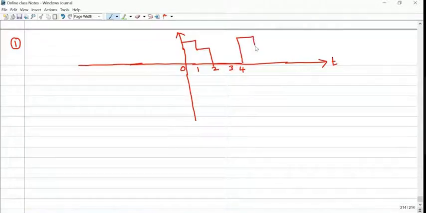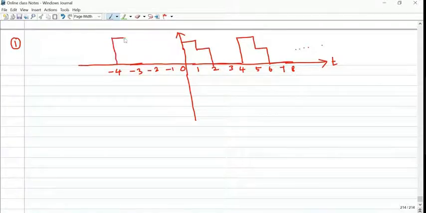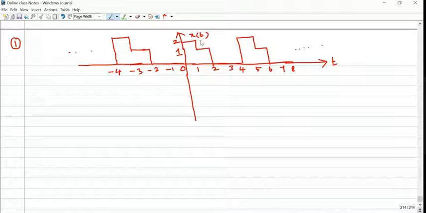Again 4, 5, 6, 7, 8, 0, and then this repeats. On this side -1, -2, -3, and from -4, and then this is 0, and so on. Magnitude 2, this is magnitude 1. Okay. So this is the signal given in the question, t versus x of t.